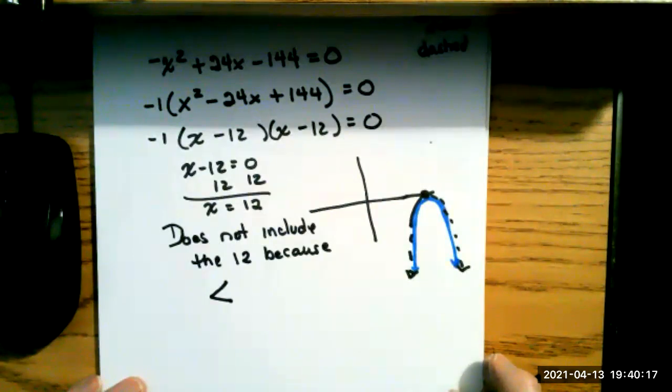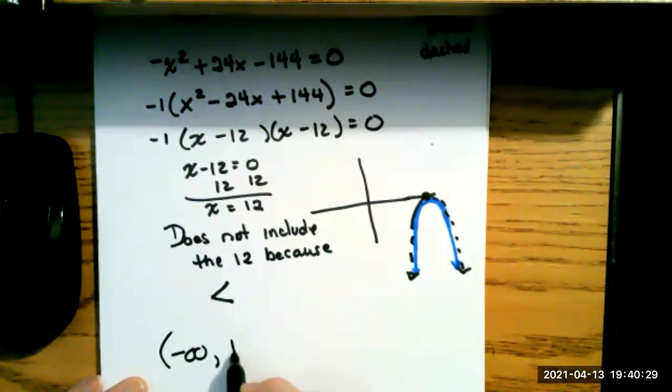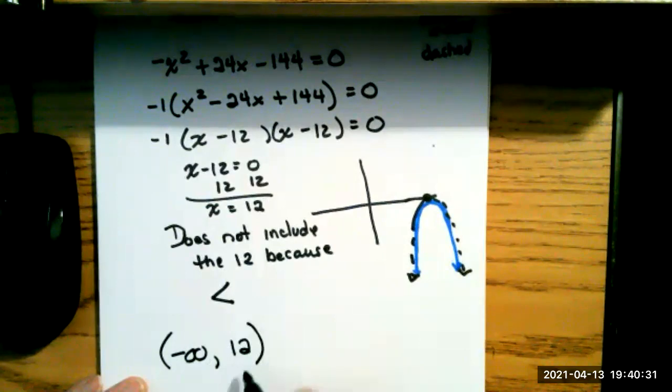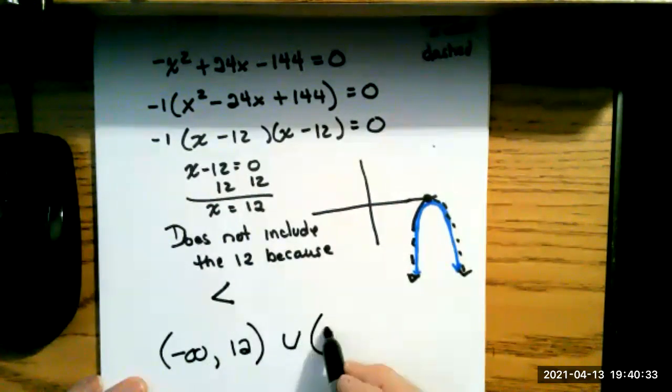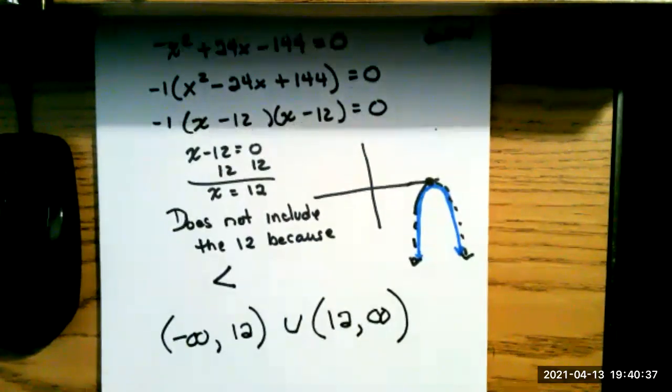Does anybody know? Negative infinity, just put a union. You skip the 12 by putting a parenthesis at the 12 in both cases. And that will skip the 12.